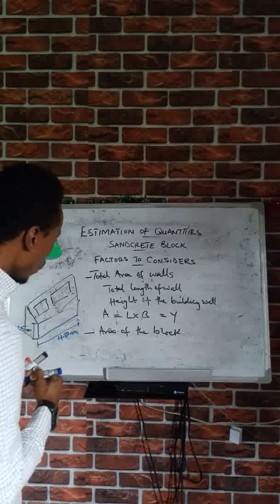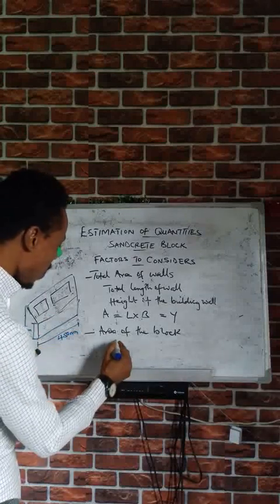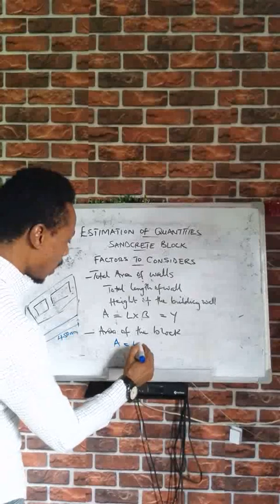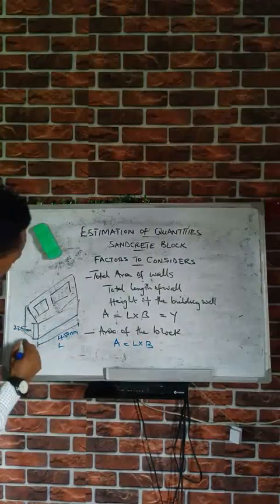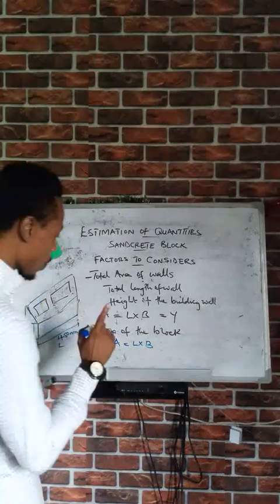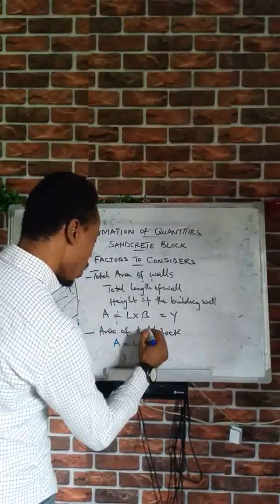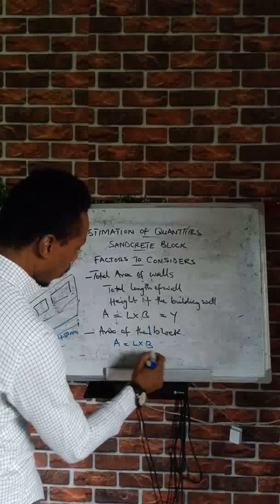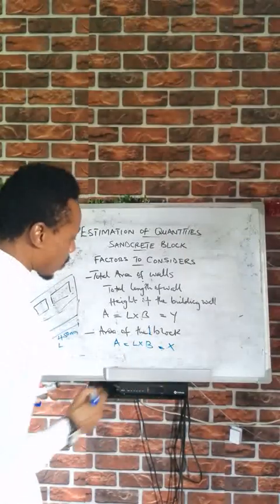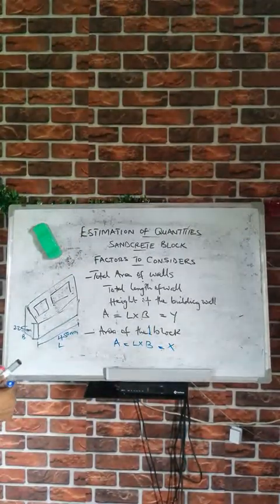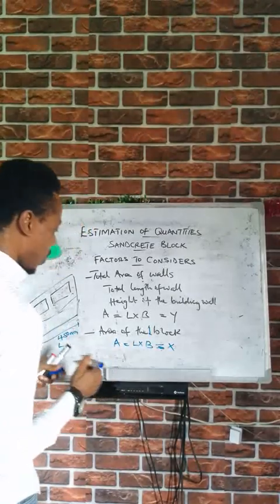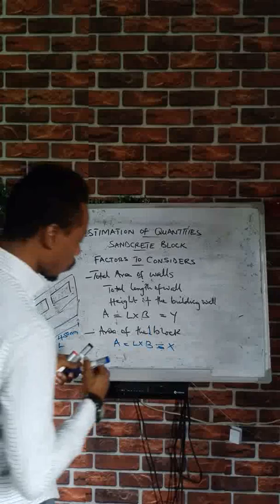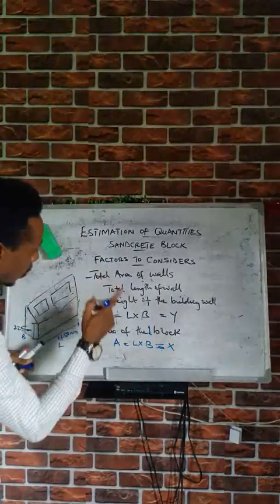So you now have to get the area. The area is equal to length times breadth. This is your length, this is your breadth for one block, the area of one block. This will give you your x. Once you have gotten x, the next thing you need to do is to calculate the quantity.